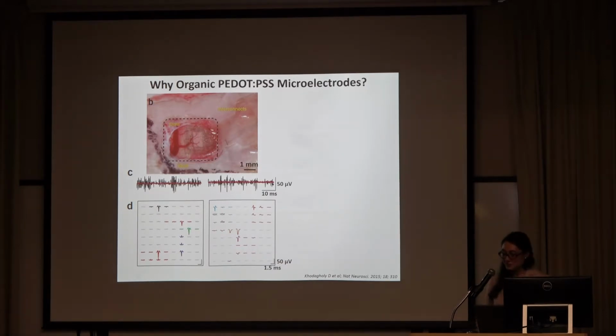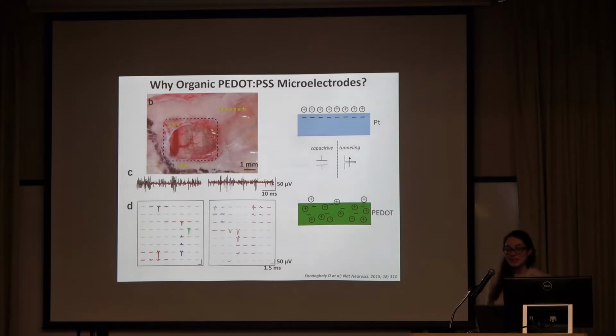Professor Malliaras' group has shown that organic electrodes have been able to detect single unit recordings on the surface of the brain. The reason is that, unlike metal electrodes like platinum, which involve coupling through a surface capacitor for the charge transfer, PEDOT enables the intercalation of ions into the material, which allows both volumetric capacitive coupling as well as Faradaic redox reactions.